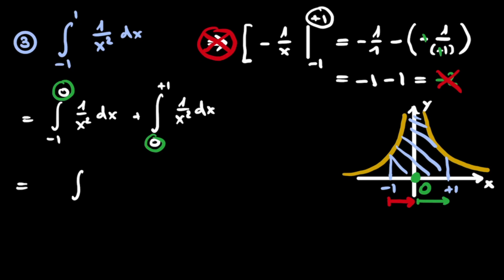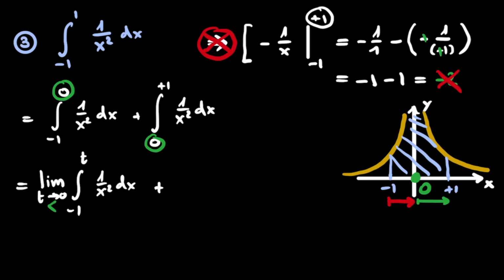We simply replace this integration boundary with a parameter t of the same function 1 over x squared dx, and we of course take the limiting process of t going to 0. But again, now we need to be careful how it approaches 0. We see that in this integral from -1 to 0, we approach it from below. So in this case, we approach 0 from below.